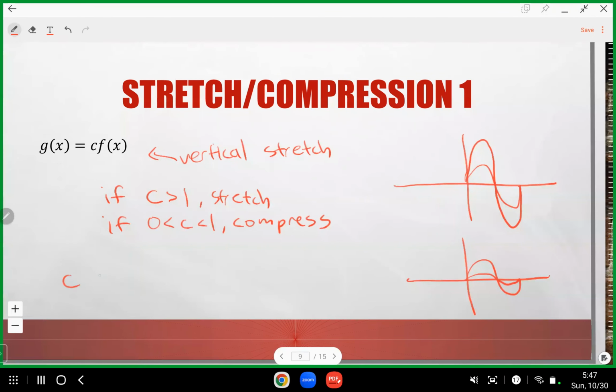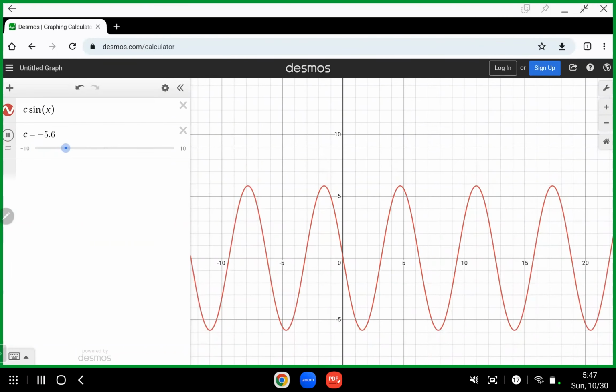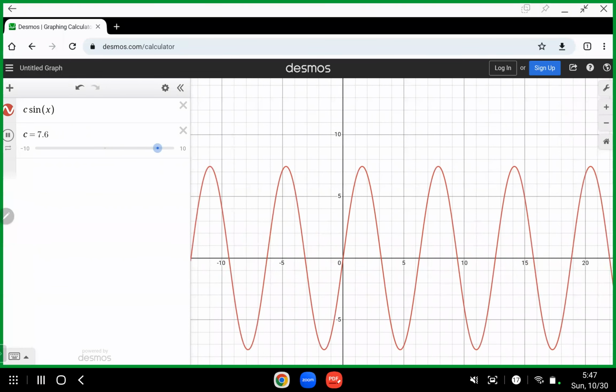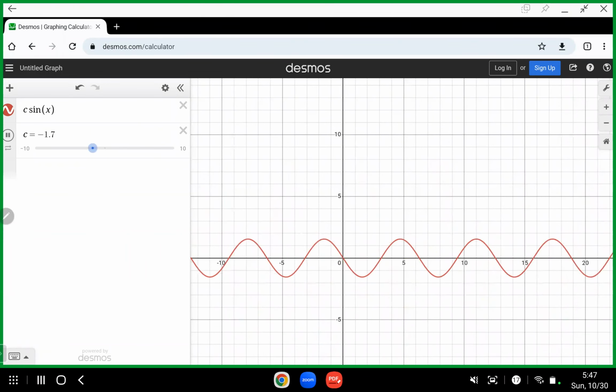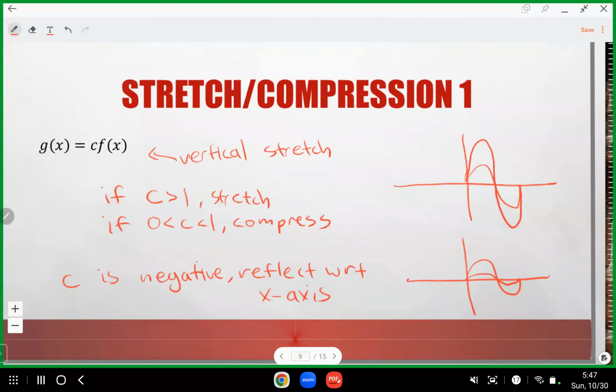If c is negative, they're going to reflect with respect to the x-axis. As you can see here, let's go back to Desmos. All right, as you can see here, once it changes from positive to negative, you can see, let's stop it here. All right, it switches, it reflects, right? It reflects. Okay. So then we get something like this.